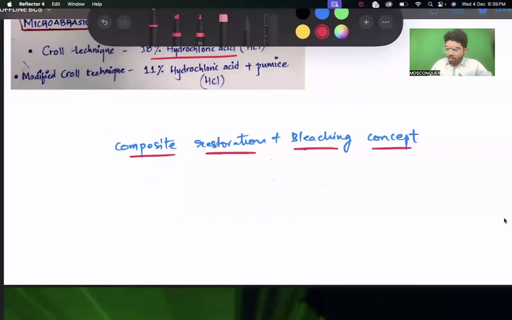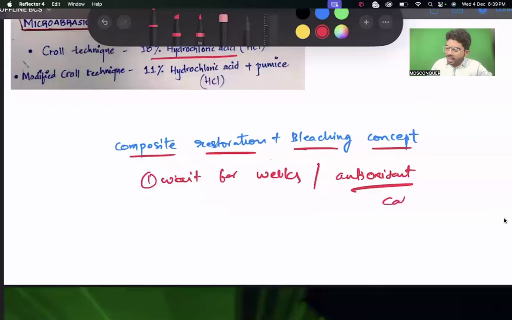One option is to wait for a week. Second option, if you want to do it immediately, what can you do? Yes, you need to add an antioxidant. According to the student, the antioxidant they have given is catalase.